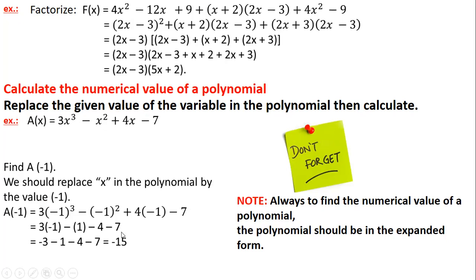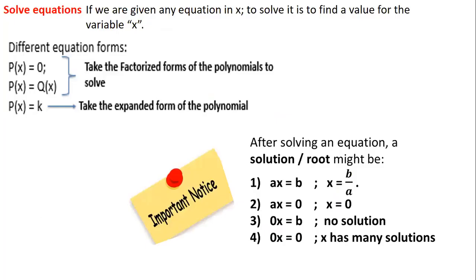So I replace it and I calculate my answer. As a note, to find the numerical value of a polynomial, the polynomial should always be written in expanded form. As you can see, this is expanded form without parentheses. So directly I replace and find the numerical value of the polynomial.